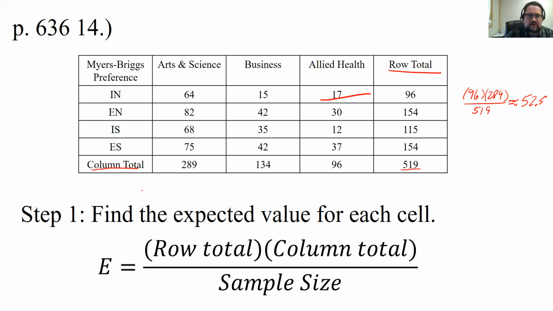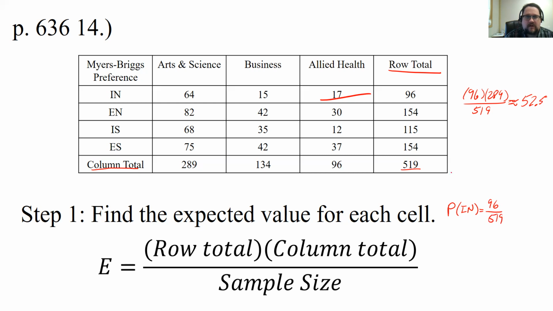Now, before I move on, I just want to explain where this expected value is coming from. If I wanted to know the probability that a student was IN, introverted, intuitive, then I would take 96 over 519.